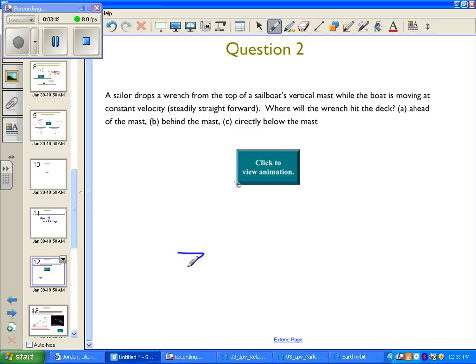If this is our sailboat, and we've got a wrench over here which is going to be released, then as the sailboat moves at constant velocity, the wrench will fall directly at a point below where it was launched, because both will be moving at the same horizontal velocity.